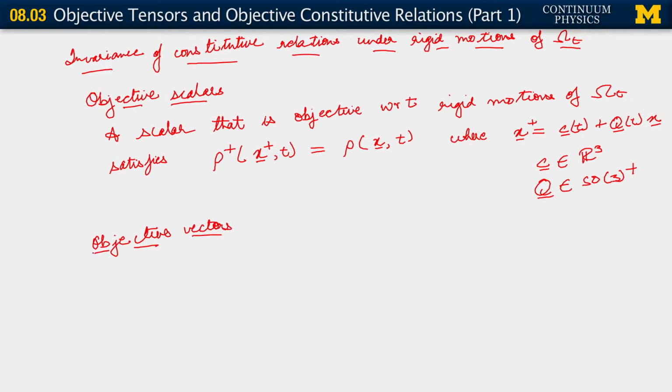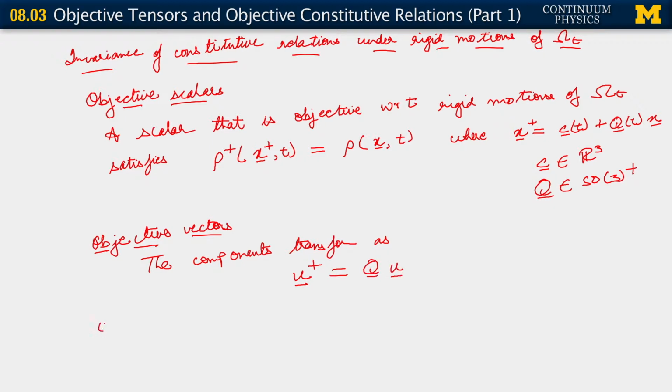Now I'm going to dispense with the statement. Okay, I'm just going to give you the transformation. And remember we're talking about the scalar components. A vector is invariant. The vector remains the same, right? It's just a matter of its components. So objective vectors, the components transform as u plus equals q u.